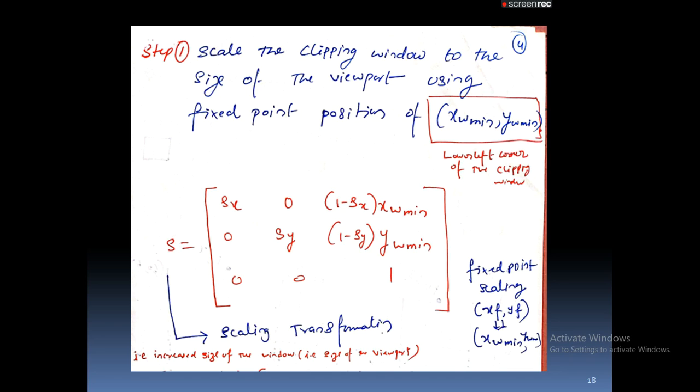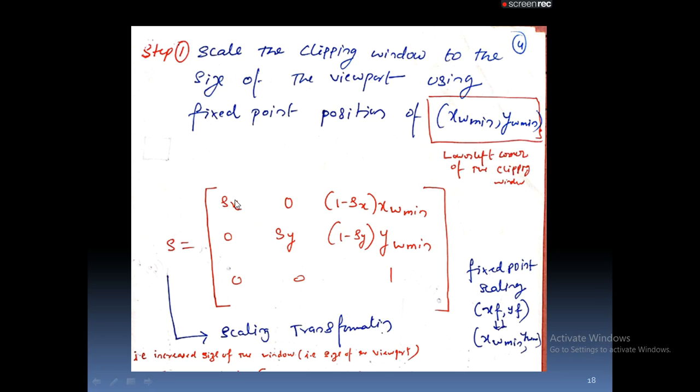To perform this scaling, we need one fixed point. So we are assuming the fixed point for this particular problem is xw min, yw min, the origin of the clipping window, selected as the fixed point to perform scaling.